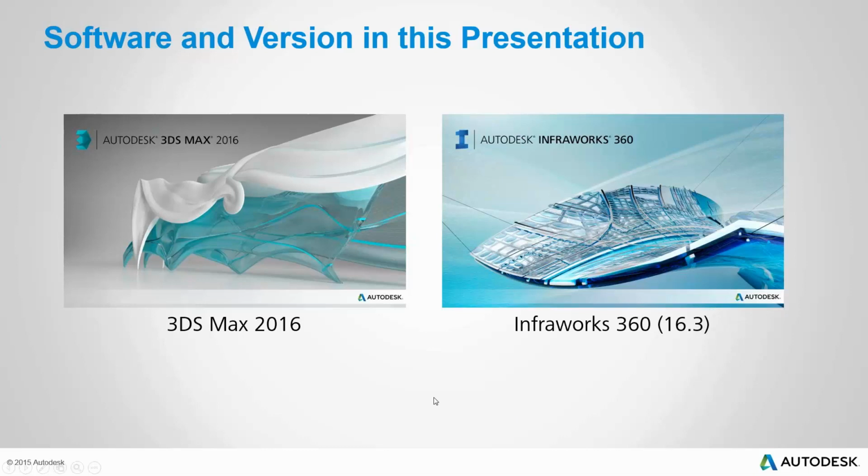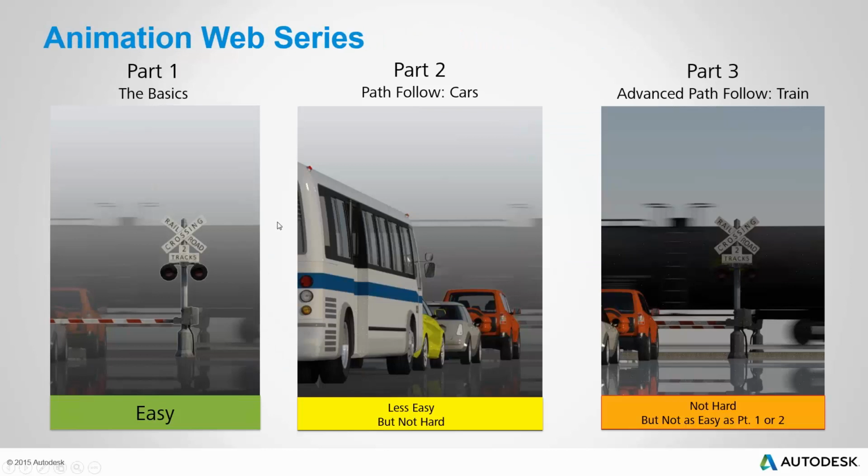All right, so we're going to be using 3D Studio Max 2016 and InfraWorks 360 16.3 in this presentation. And as I said, hopefully we can turn this into a series where we progressively increase the level of difficulty. So today we're going to be talking about the basics. We're going to be going through 3ds Max.